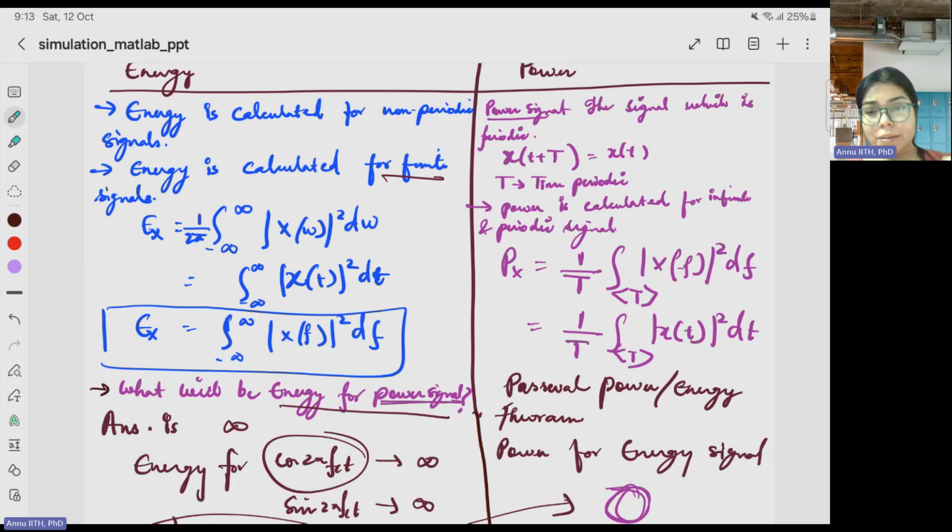Very good question. But don't you think that for calculating power, you need a periodic signal? You can't calculate power for an energy signal. As you can see here, I have made properly the difference between energy and power signals. A power signal is a signal which is periodic in nature.